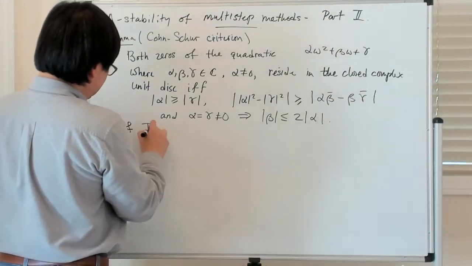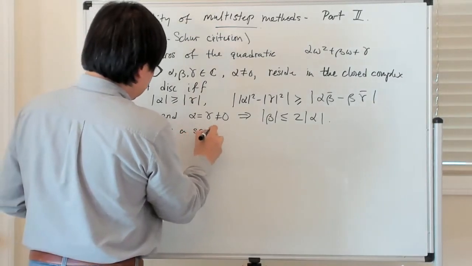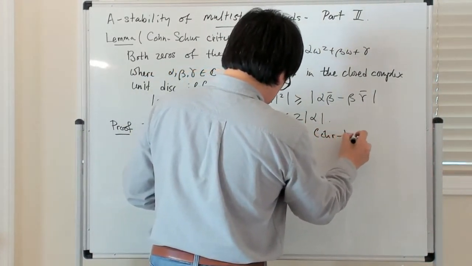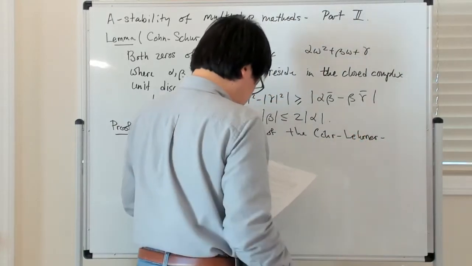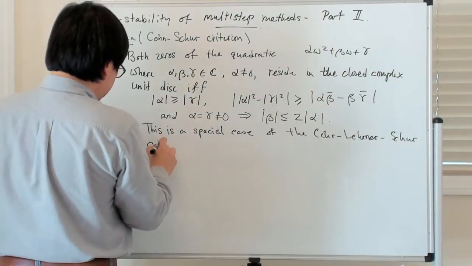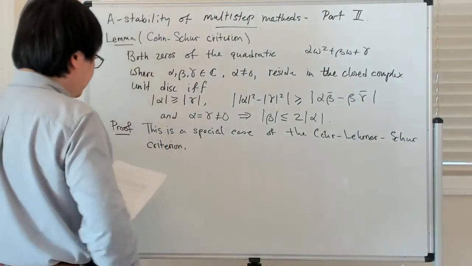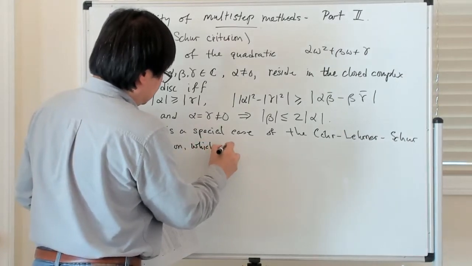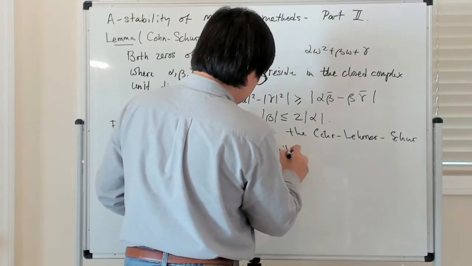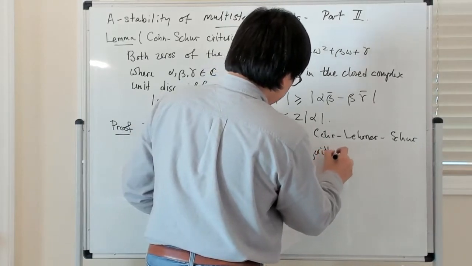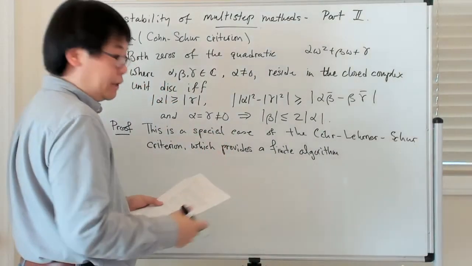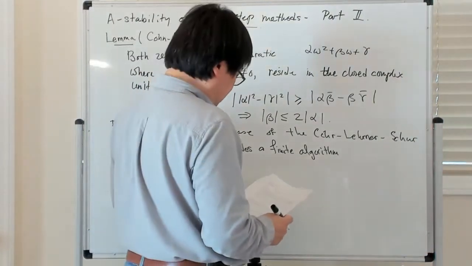It is a special case of a more general result, also called the Cohn-Schur criterion, which provides a finite algorithm to check whether all the roots of a polynomial of any degree lie in a closed unit disk in the complex plane.